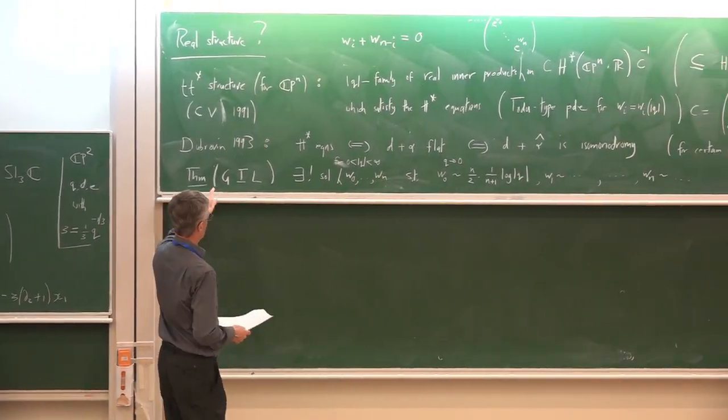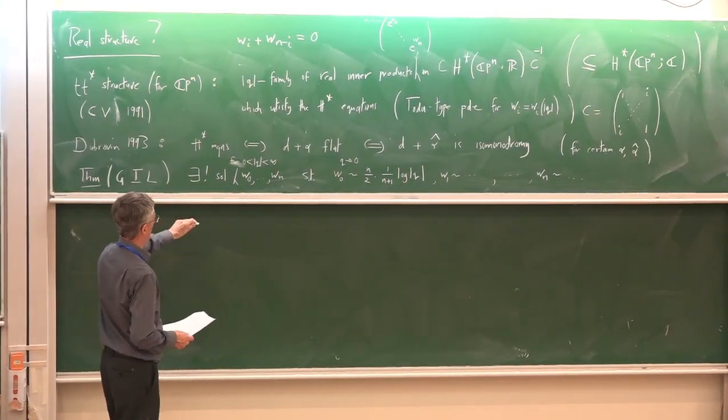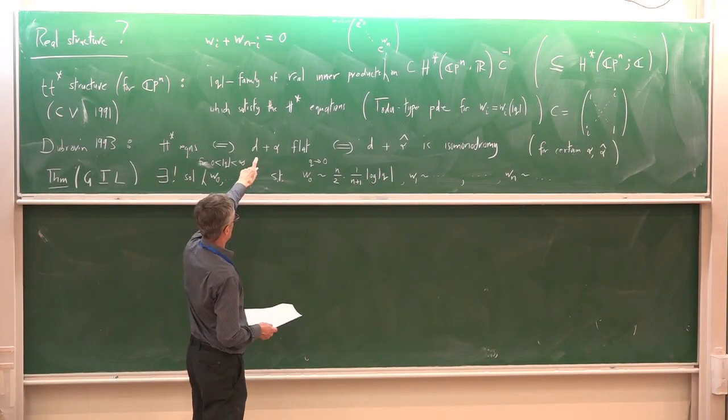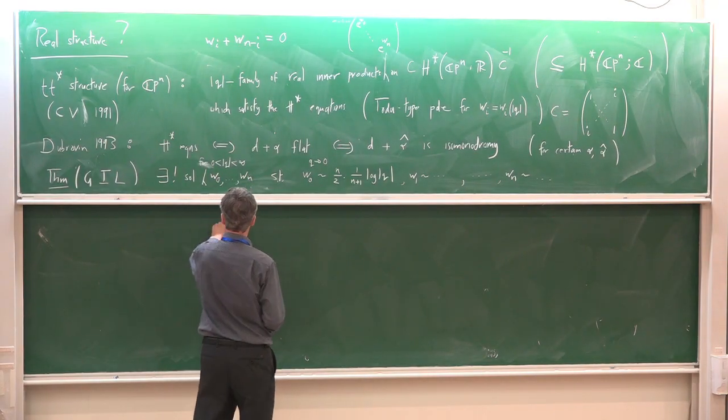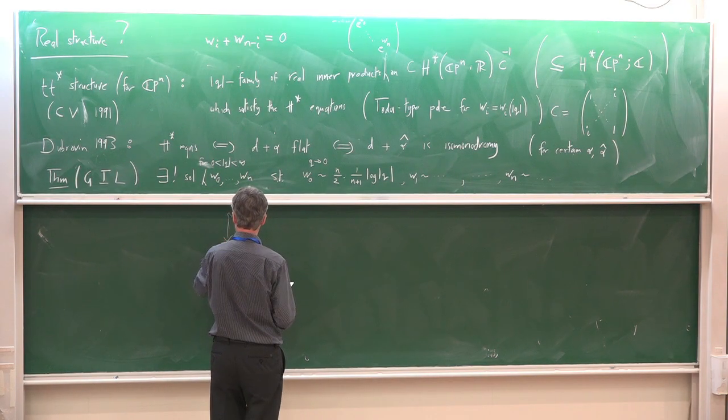Anyway, continuing this same theorem, I should say that because we have this flat connection, this solution corresponds to an alpha, right?